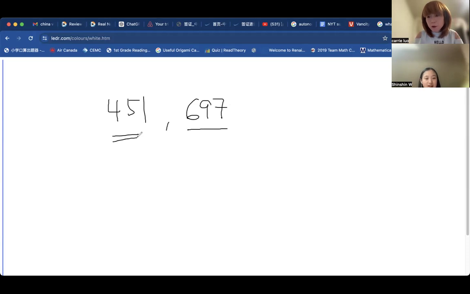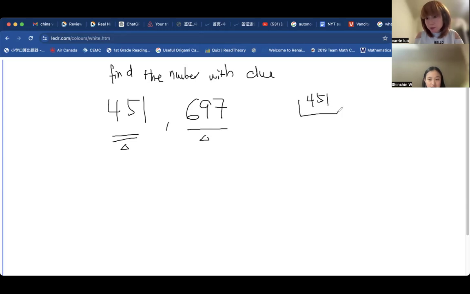But 451 is. Okay, Xinxin, this sentence is very important: find the number with a clue. So 451 is the one with a clue, but 697 is the one without the clue. Don't you agree with me? So we study 451 first.